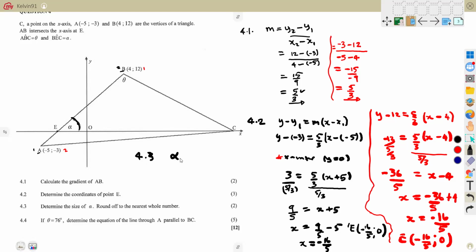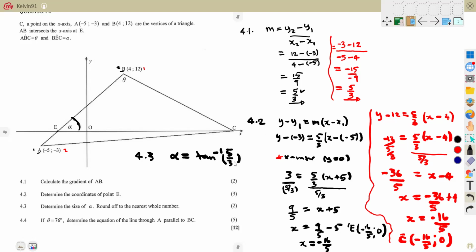So it means the alpha must be equal to tan inverse of the gradient. We found it to be 5 over 3. So it's tan inverse 5 over 3.